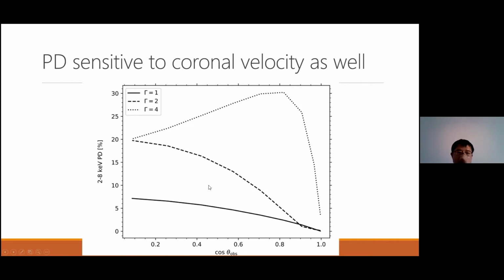So what you see here is that if the corona is moving at relativistic velocity, then the polarization degree can be very high, to around 30%. And there is a trend that the polarization degree is increasing with the velocity of the corona. So again, we can use polarization observations to constrain the dynamics of the corona.